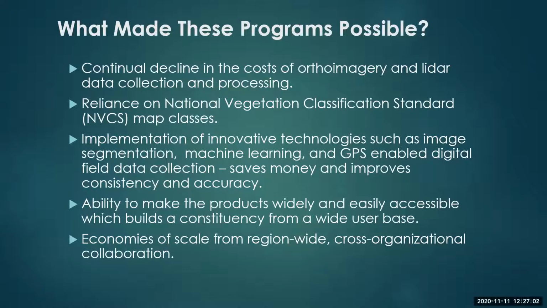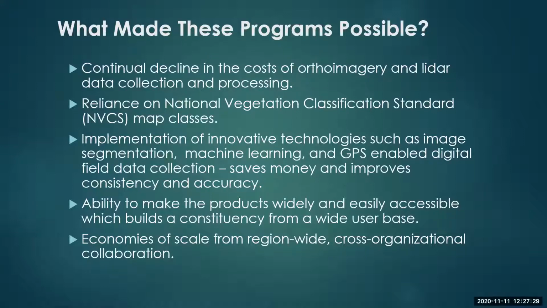Then another thing is the reliance on the National Vegetation Classification Standards and the standard map classes. And this is critical if you want to build data sets that are usable at the local level, but expandable for regional analysis, because you've got to hit those standards. And the standards are good. These are excellent people that have been working on these for decades, and they really are coming together.